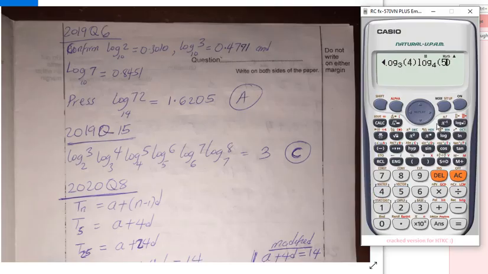Then the next one, log 6 base 5. Then next one, log 7 base 6. So lastly, you see the way I'm writing it. That's how you write it too. You don't need to waste time. Log 7 base 8, so it's equal to, you see the answer is 3, and that's option C.